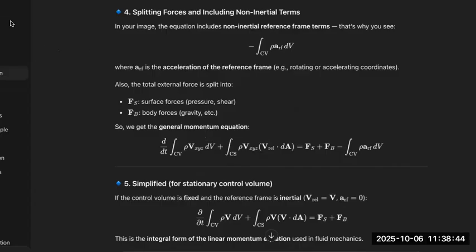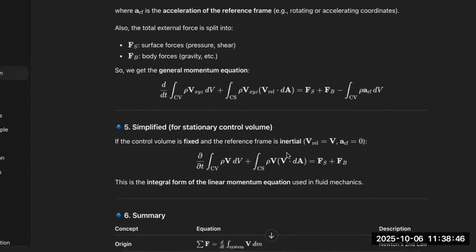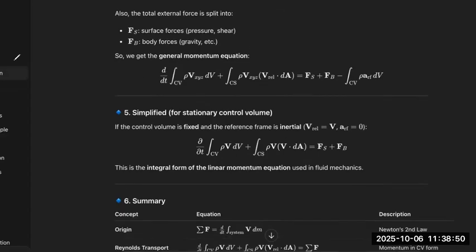want to find. So for a stationary control volume, that is if the control volume is fixed and the reference frame is inertial, the relative velocity is equal to v and a_RF, the acceleration of the reference frame, is equal to 0.